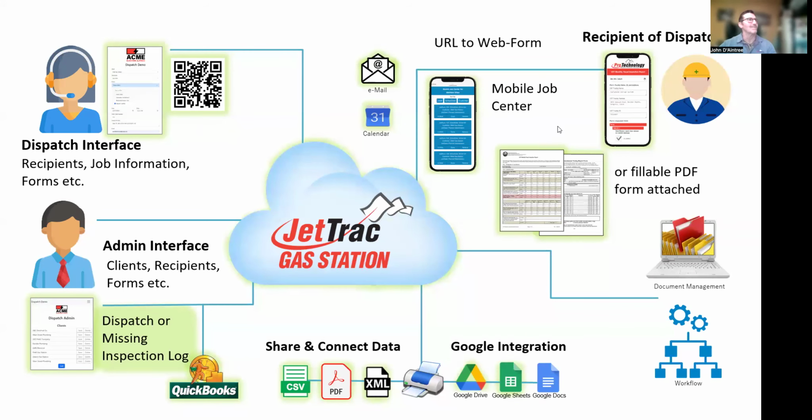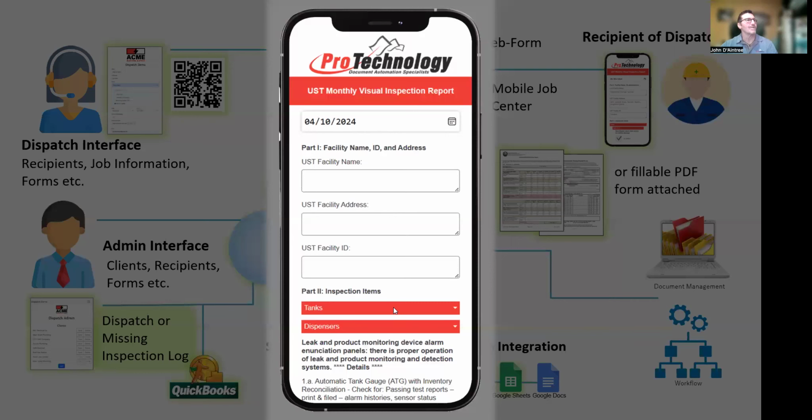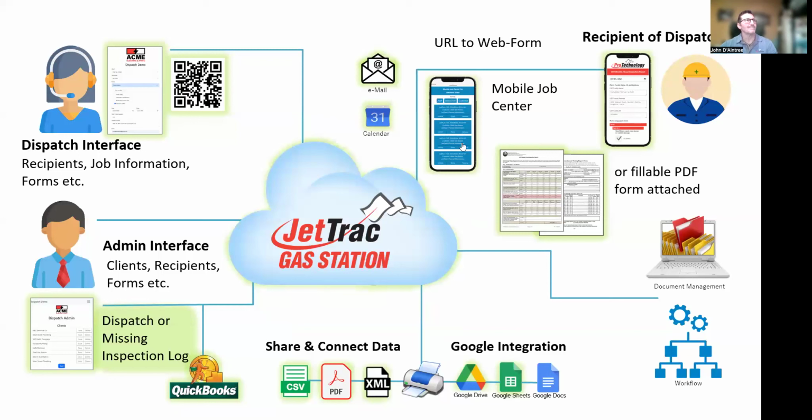But typically we put a QR code like this taped to the binder that used to hold the paper forms, or still does once you print them out, or in the break room or on the counter. They just scan the QR code, and that quickly opens up the form and allows them, on their smartphone, to do the inspection and submit it.